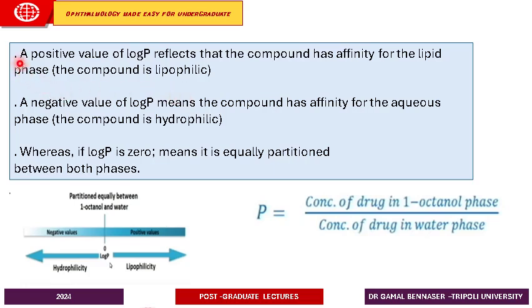So a positive partition coefficient indicates that the substance is lipophilic, a negative one indicates that it is hydrophilic, and a 0 value indicates that it dissolves equally in both lipid and aqueous medium. This is how we interpret the partition coefficient, as I show here, with the lipophilicity on either side of the 0 value of the logarithm of the partition coefficient.